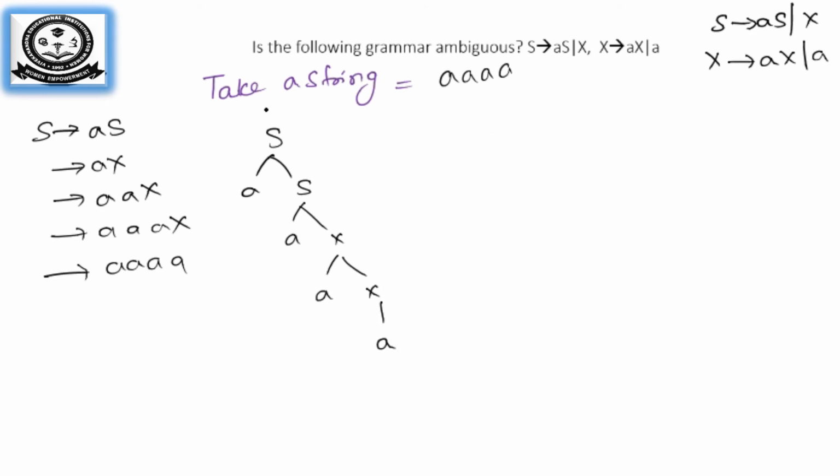Now the same thing, this is using LMD, we can use RMD also. So I will use RMD to show that they are having a difference for the same string. So let us have S tends to AX, so we will take S tends to X alone, then we will take the same string. Then the S will be replaced with AX.